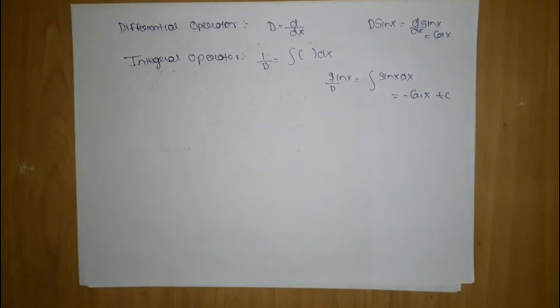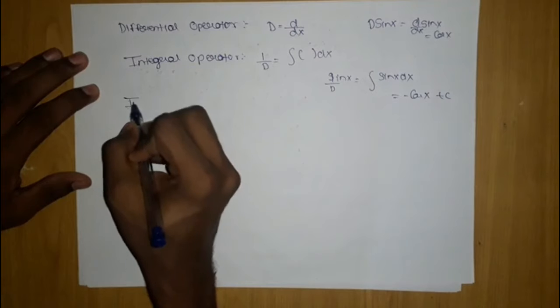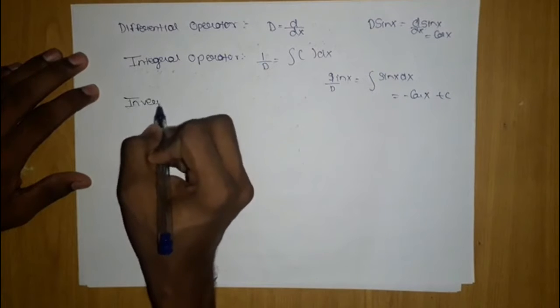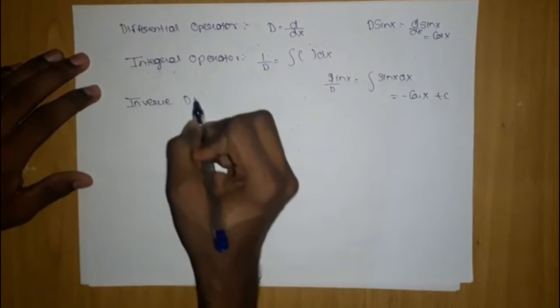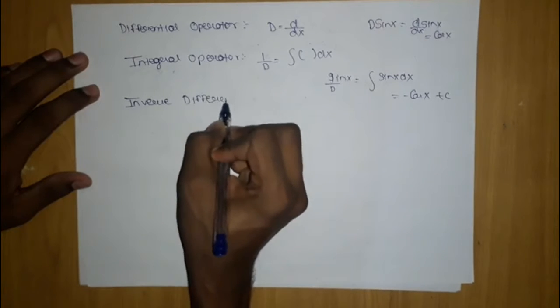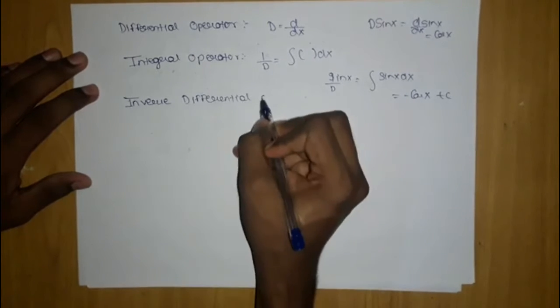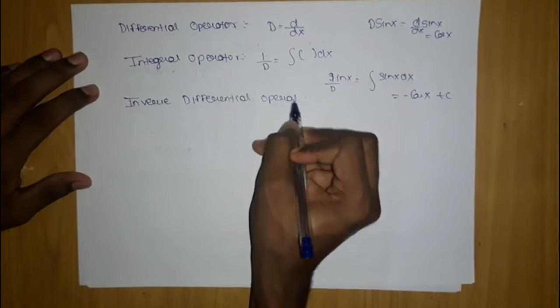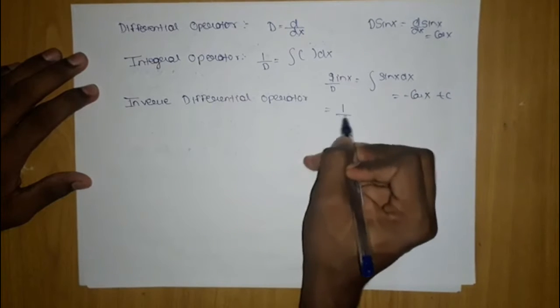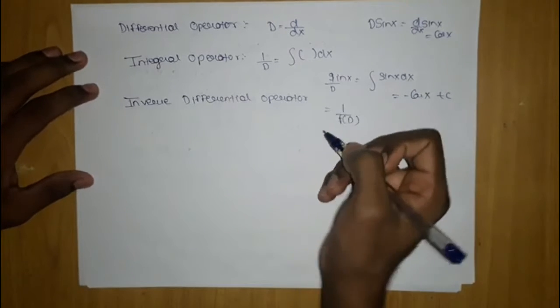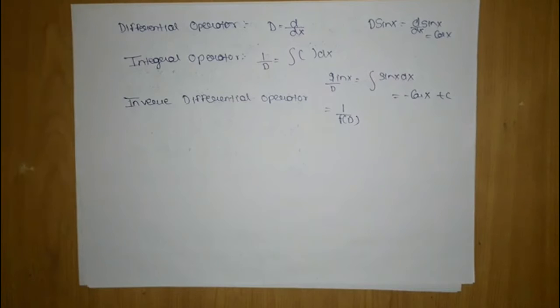Now we are going to see the inverse differential operator. You just need to know there is not much application of this inverse differential operator. It is 1 upon f of d. This is called the inverse differential operator.